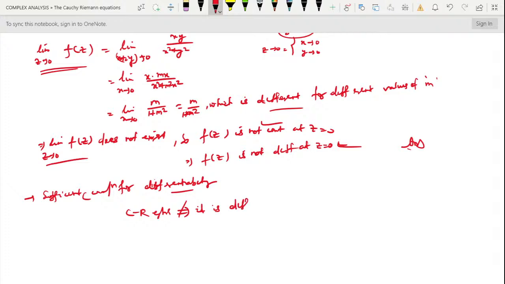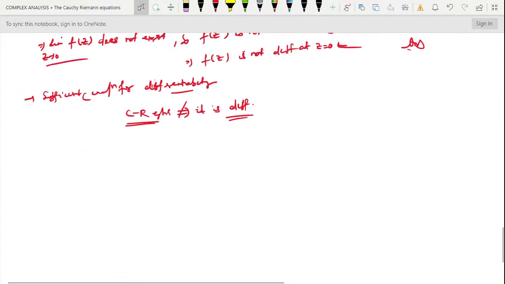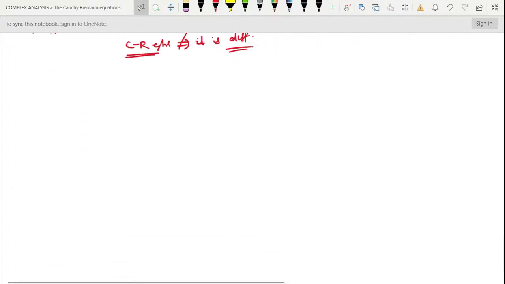So there are some things which are called sufficient conditions. If you add some more conditions here, then it will be a sufficient condition for differentiability. So now we will see a theorem which gives you a sufficient condition for differentiability.